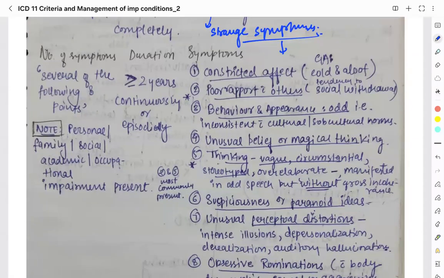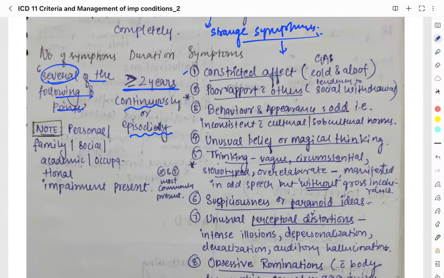ICD-11 gives a list of 8 symptoms. They say several of the following 8 points need to be present, they do not say how many, for 2 years or more, continuously or episodically, in order for a person to have a schizotypal disorder, right?